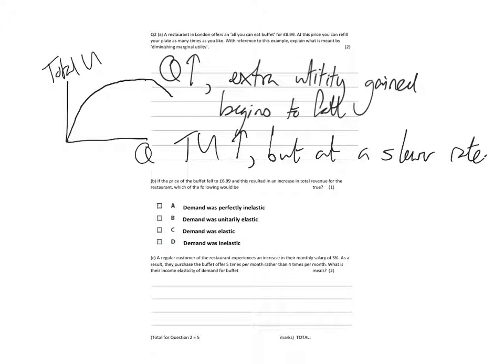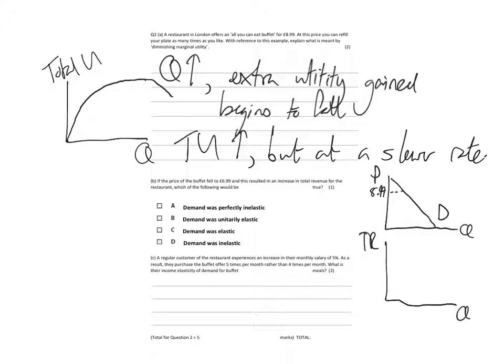In B, the price of the buffet has fallen to £6.99, and this has resulted in an increase in total revenue for the restaurant. Well, if you remember from last year, this diagram was quite important. So we have our demand curve. We've currently got the price set at £8.99, and below that we can plot a total revenue curve.